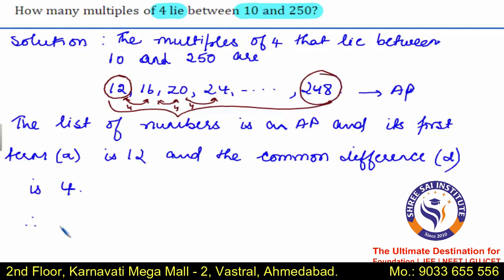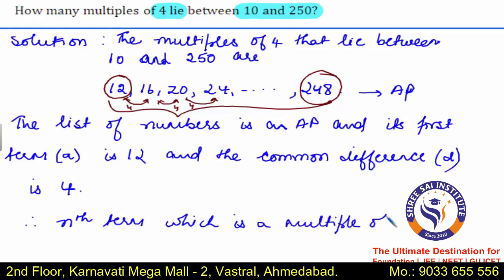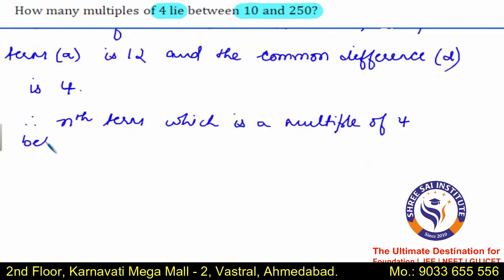Therefore, the nth term, which is a multiple of 4 between 10 and 250, is 248.